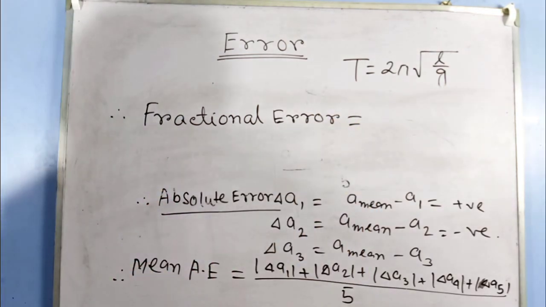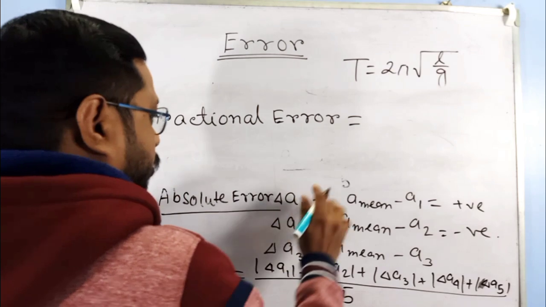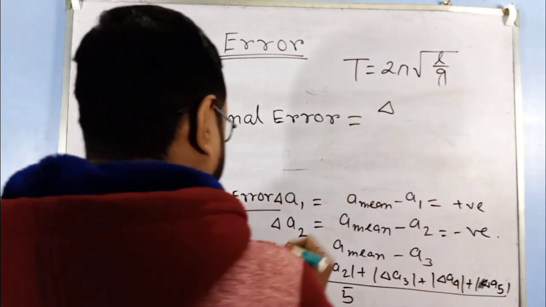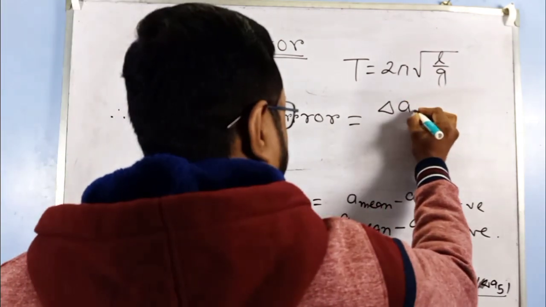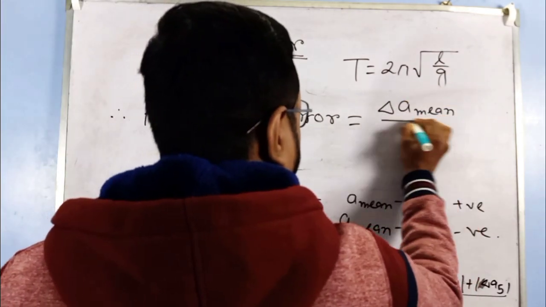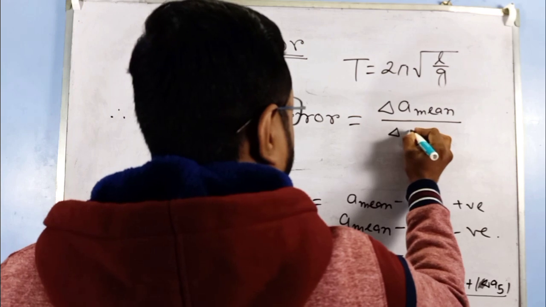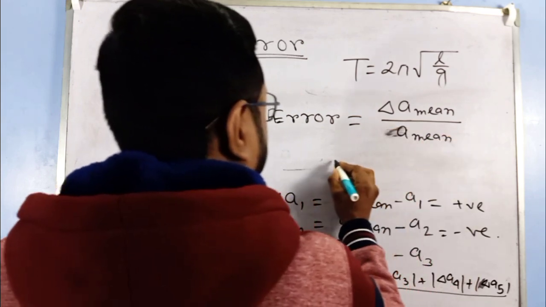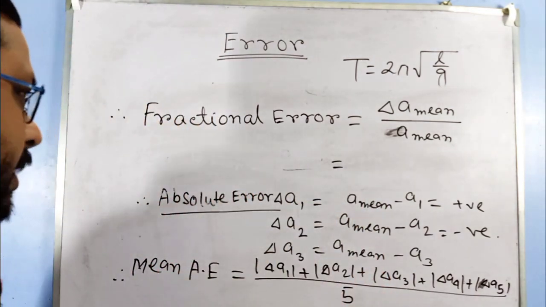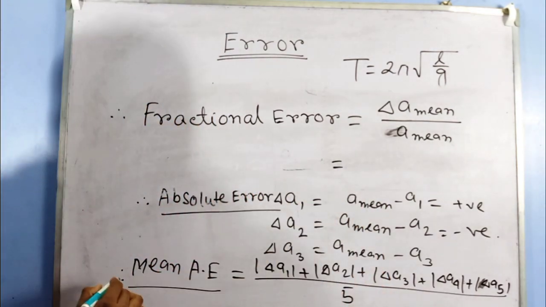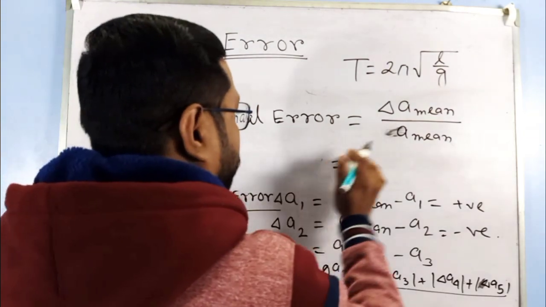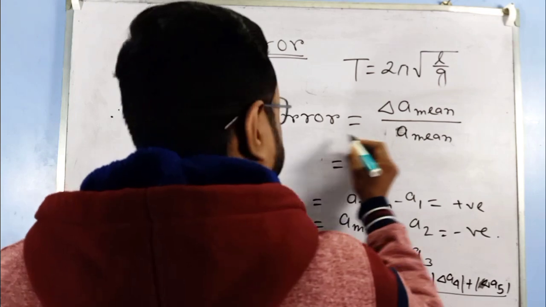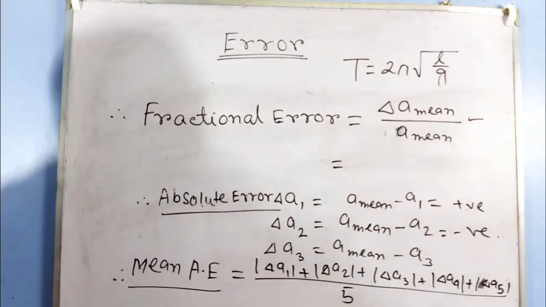Fractional error is the ratio of the mean absolute error to the true value, or mean value, of the quantity: delta A mean by A mean.